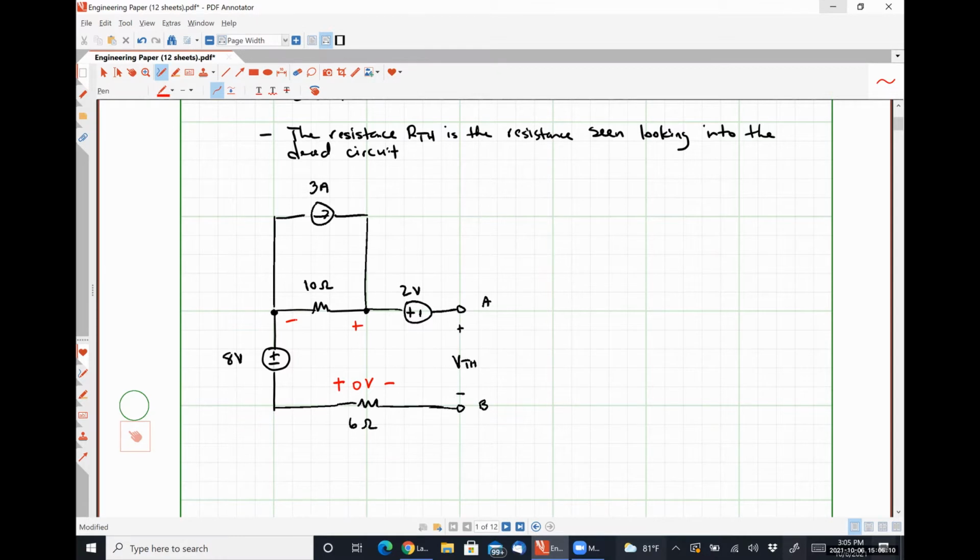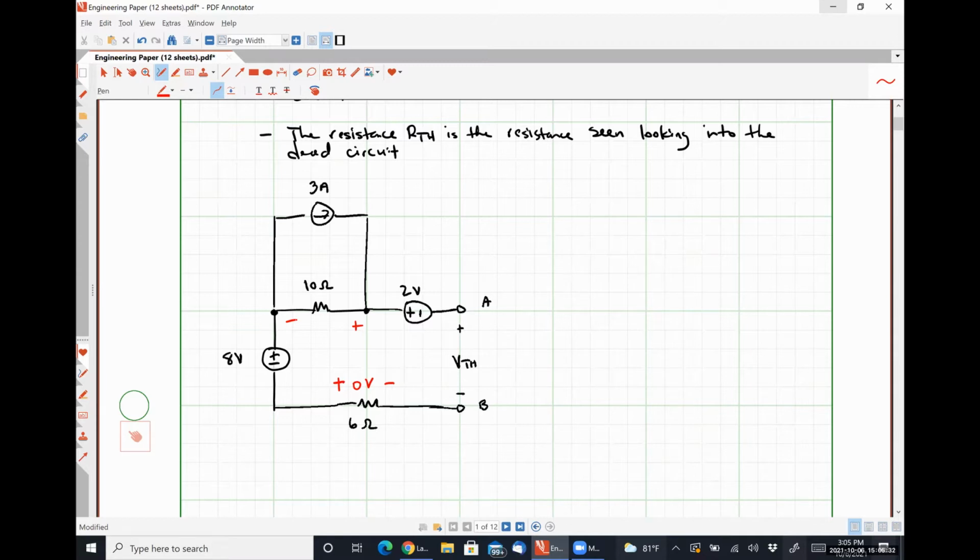Okay. So how much current flows through the 10 ohm resistor? I disagree with the answer none as well.